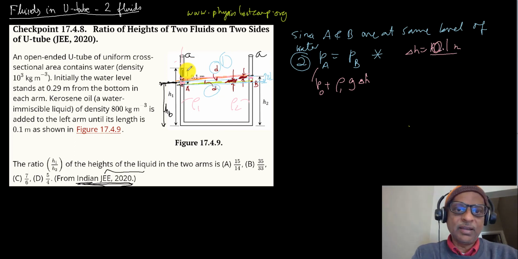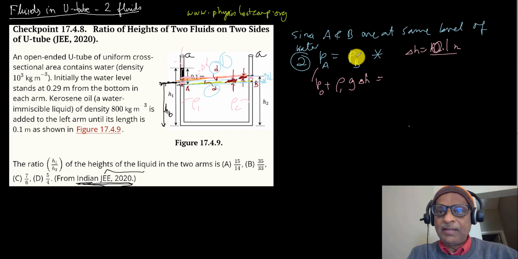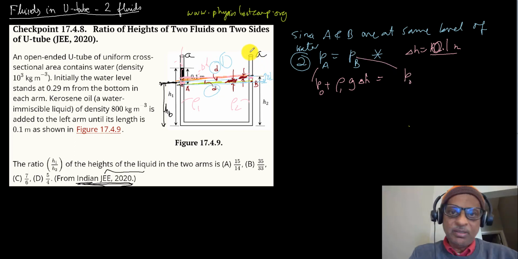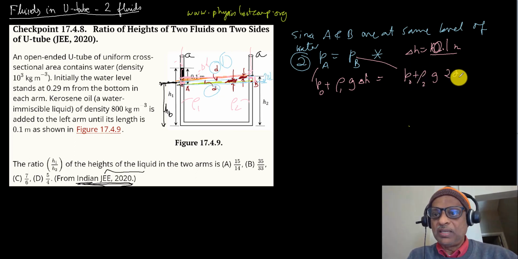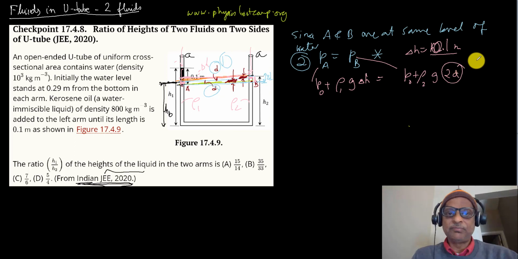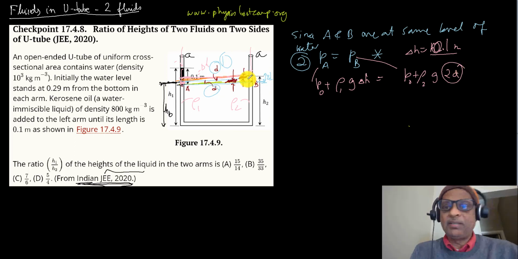This height, I'm going to call delta H just for simplicity here. And so this side is going to be again P0, atmospheric pressure, plus rho 2 G times 2D. So this 2D comes in here because I'm looking at B.